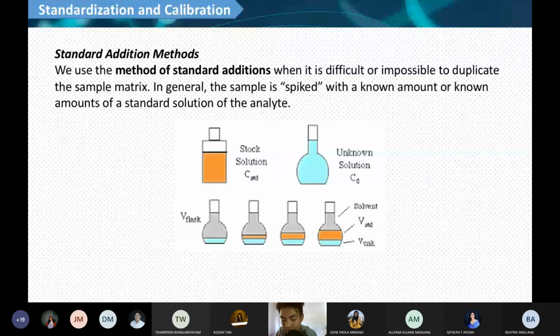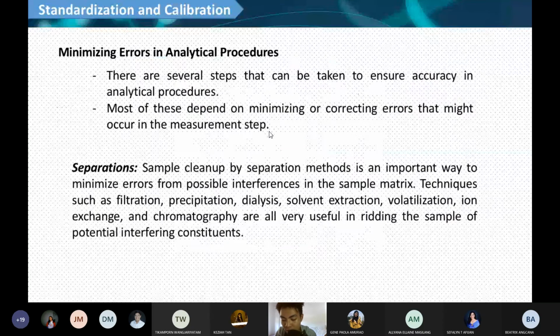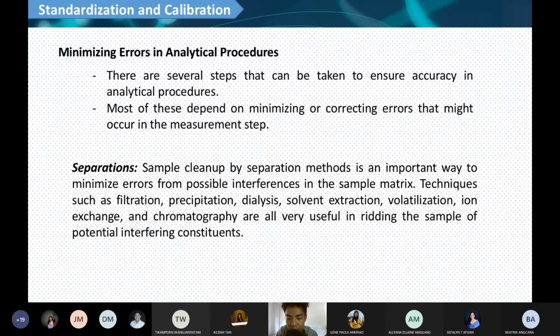Before you do analytical procedures, you may want to minimize the errors first. Errors may result in lower precision or lower accuracy of your analysis. In order to increase your precision and accuracy, you have to remove the interferences. Interferences are the stuff that may give you bad readings, bad measurements, in your data analysis.